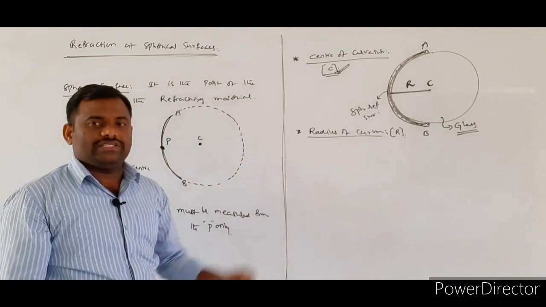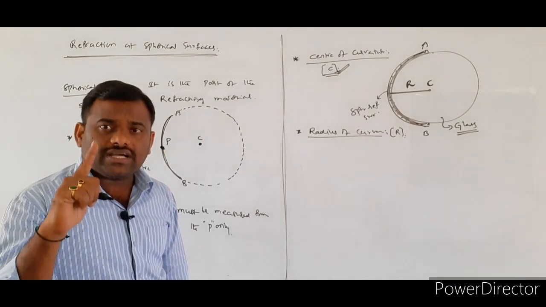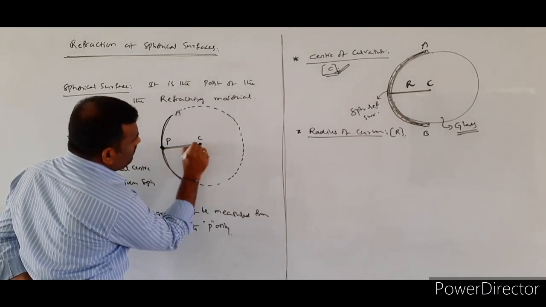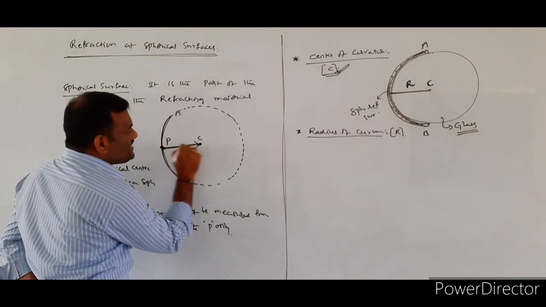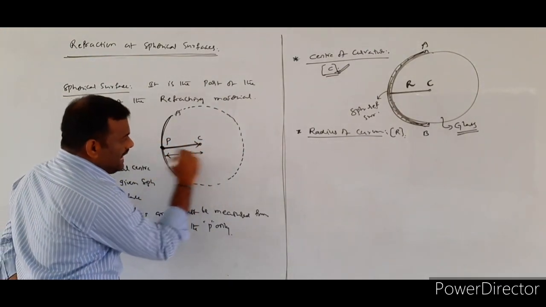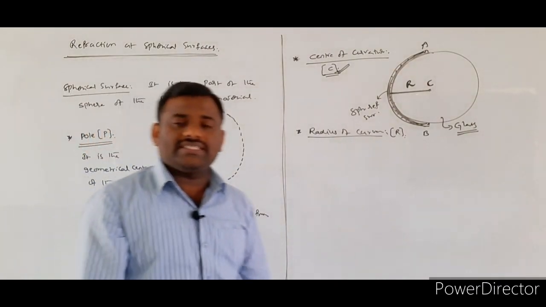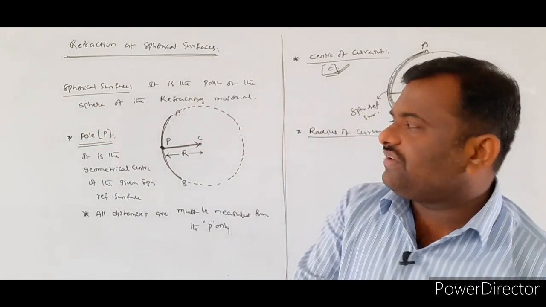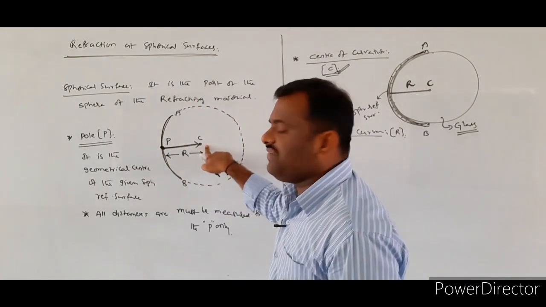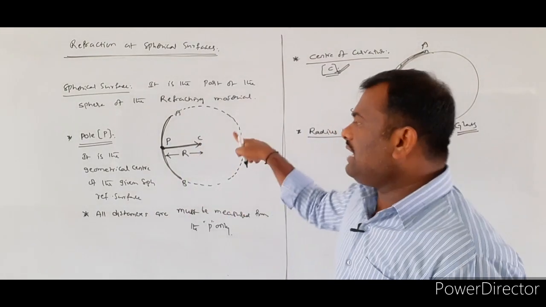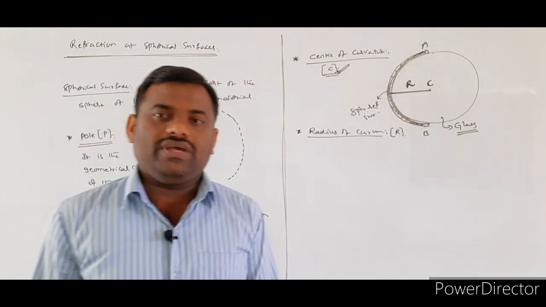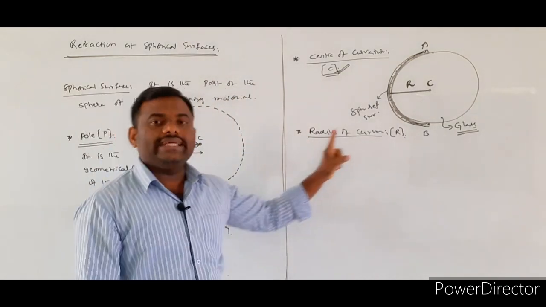And always the radius of curvature must be measured from the pole to the center of curvature. So it is also defined as the distance of separation between the pole of a spherical refracting surface and its center of curvature. That is the definition of the radius of curvature.